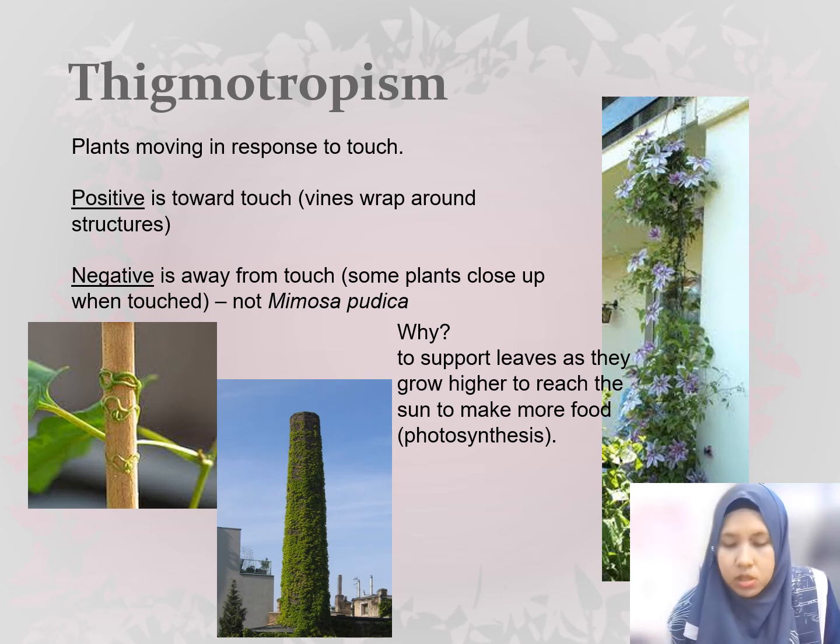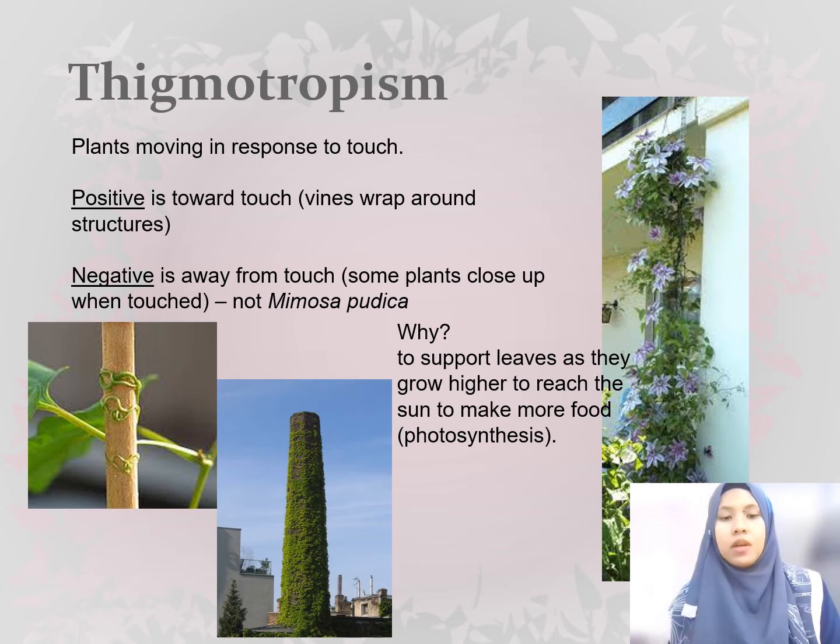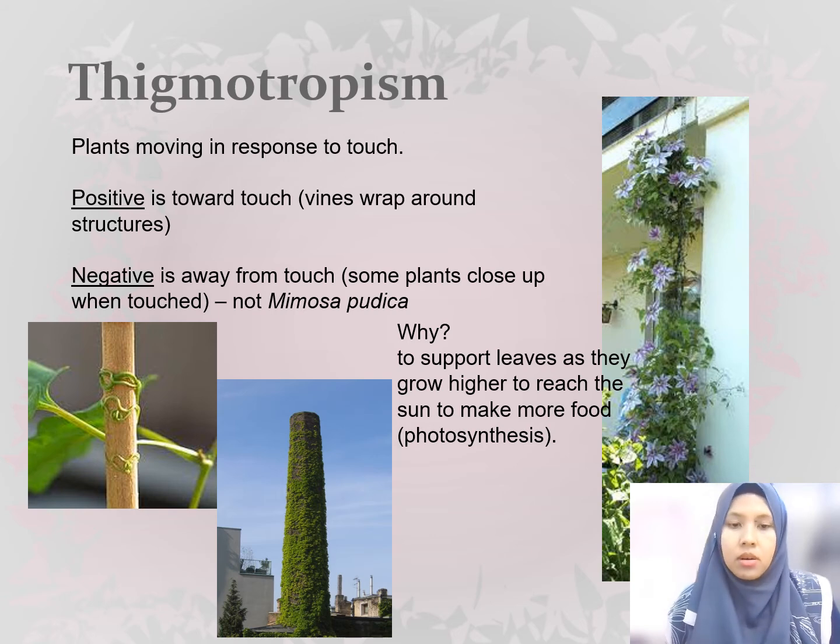So remember, Mimosa pudica is not an example of negative thigmotropism. The importance of thigmotropism is that they need to support the leaf, because they need to grow higher to reach the sun for the photosynthesis process.